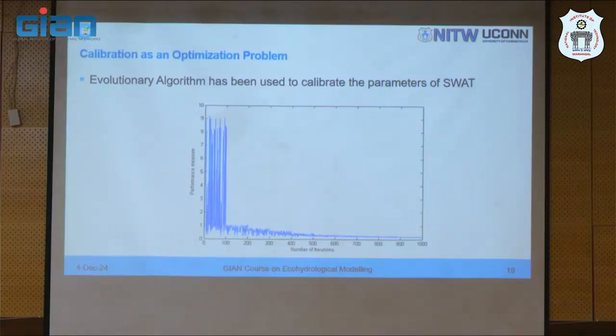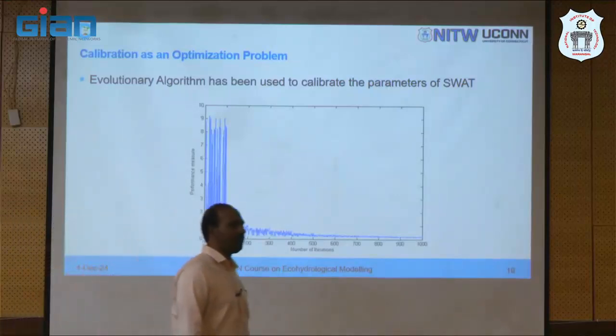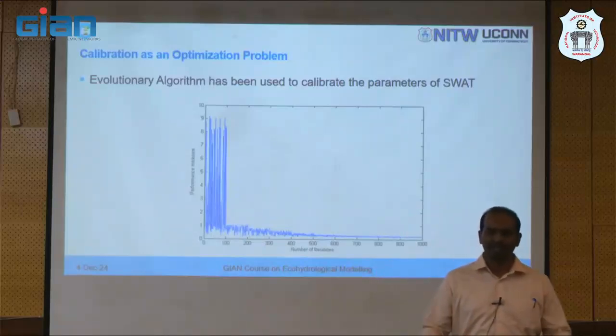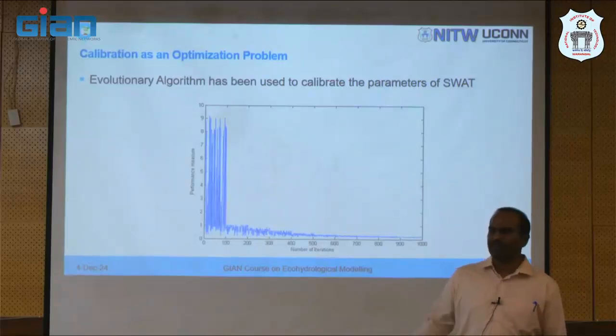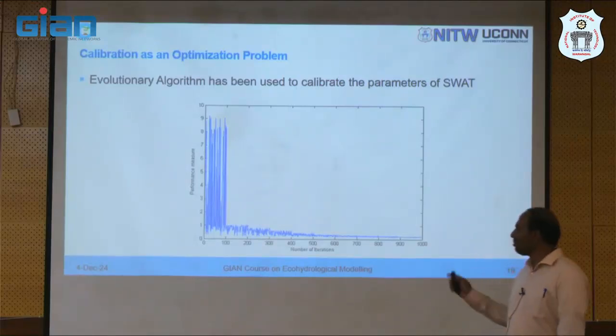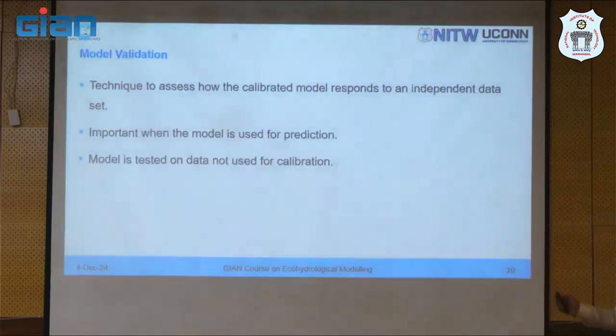Don't take any random parameters and say that these are the parameters. Are those parameters actually reflecting your characteristics? For example, for clay soil, if you say my hydraulic conductivity is 40 mm per hour, is that realistic? No, right? But your optimizer may give you 40 millimeters per hour hydraulic conductivity. That is something I wanted to stress.